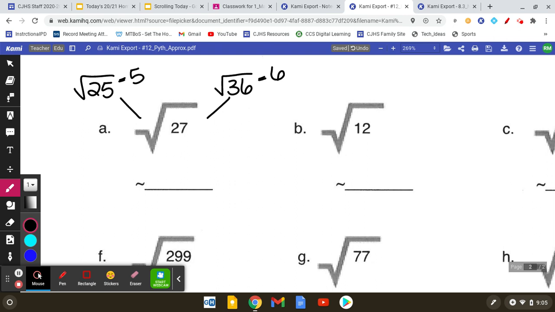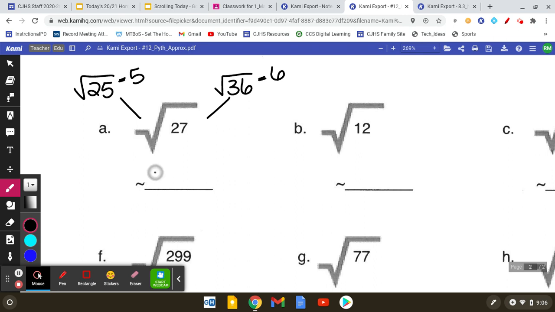So square root of 27, would that be closer to the 5 or closer to the 6, or right in the middle? Why is it closer to the 5? Because to go from 27 to 25, that's only 2 away, whereas it's 9 away from 36. 27 is closer to 25 than it is to 36.